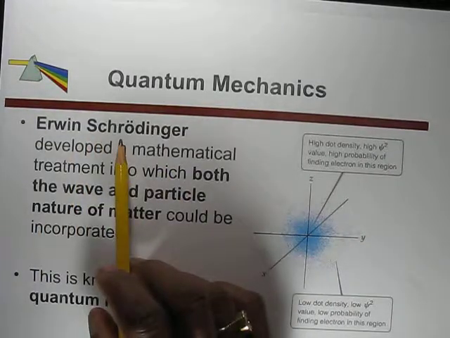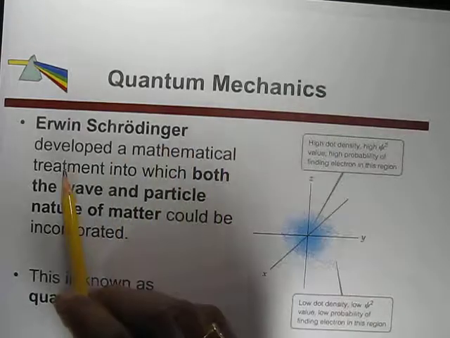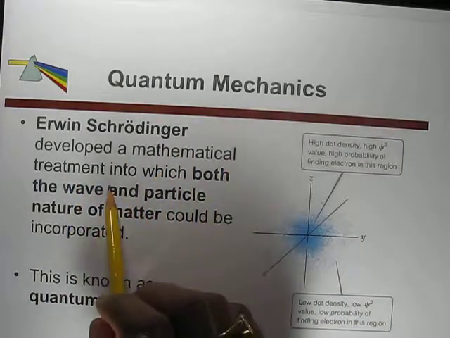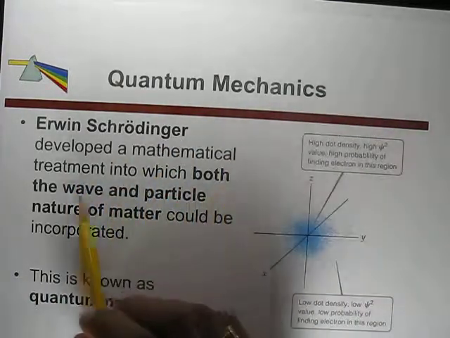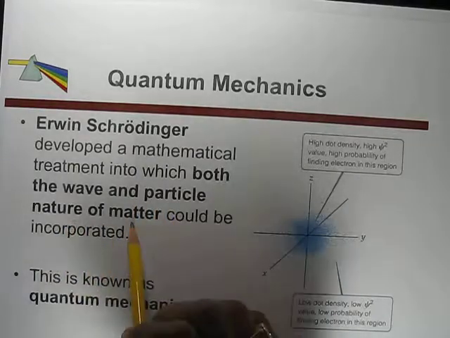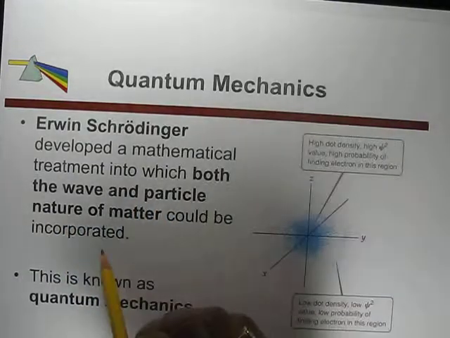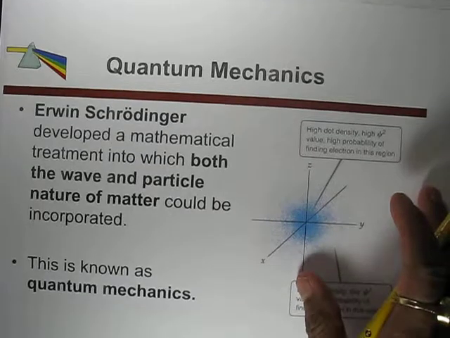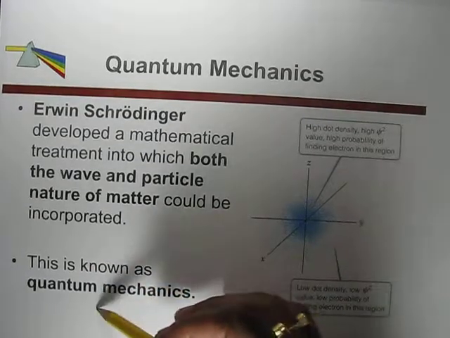In quantum mechanics, Erwin Schrödinger developed the mathematical treatment into which both the wave and the particle nature of matter could be incorporated. This is known as quantum mechanics.